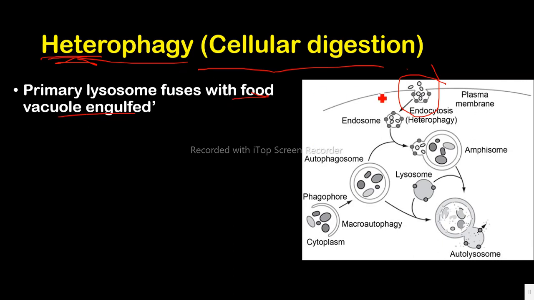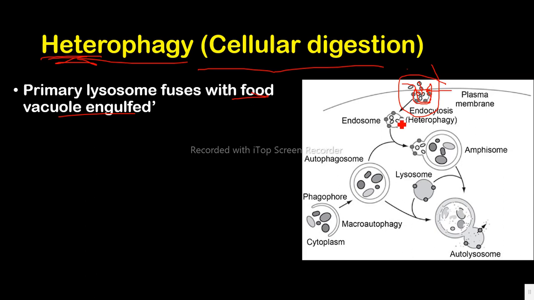For example, when food is here, the membrane is going to invaginate, and the food or the microbes are surrounded within this depression, and then it fuses at this point and forms inside. This is now a phagocytic vesicle, formed by phagocytosis, endocytosis.